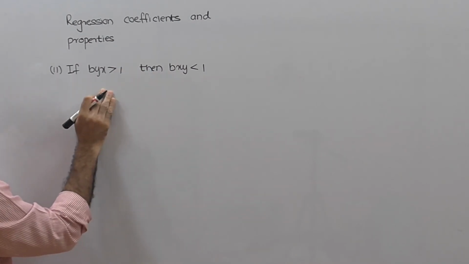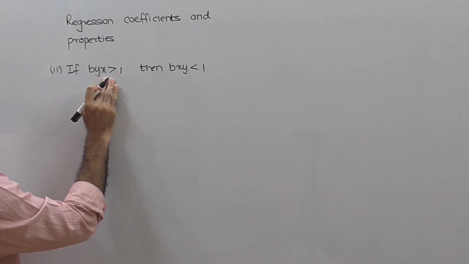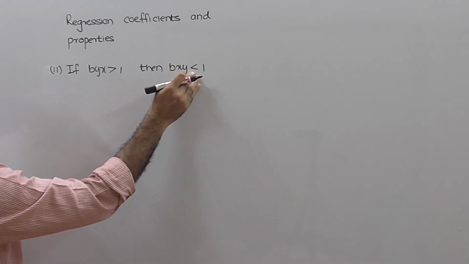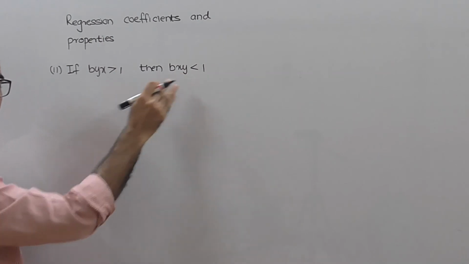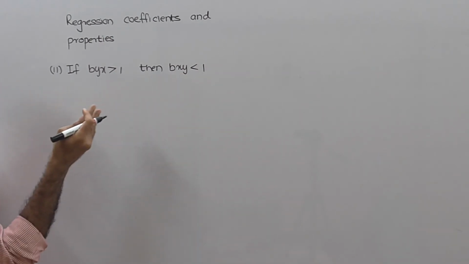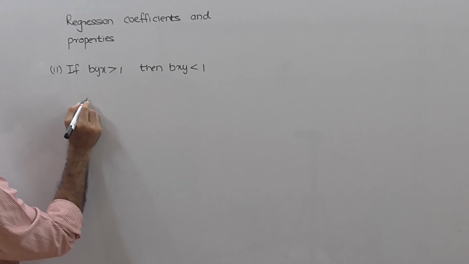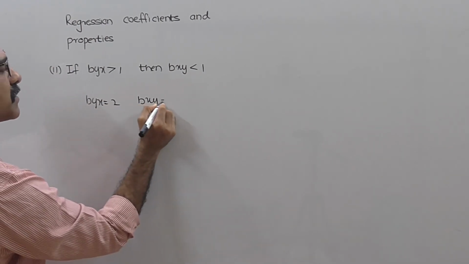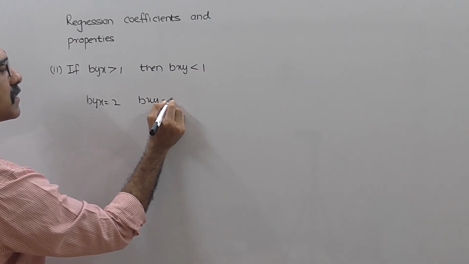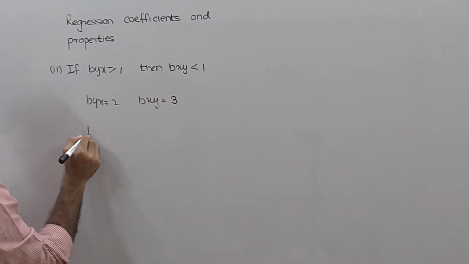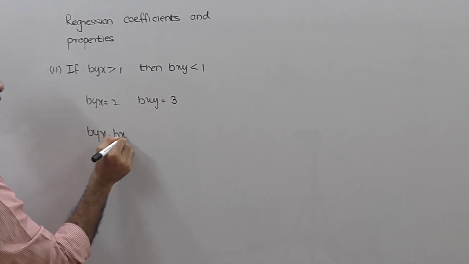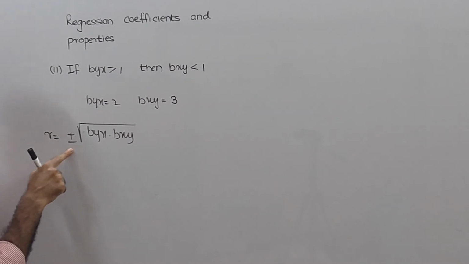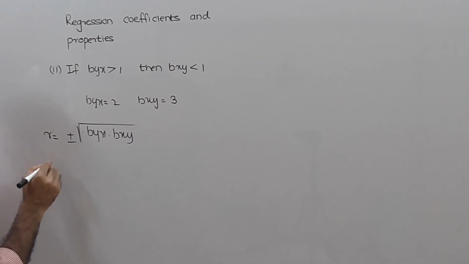Because if byx is more than 1 and bxy is also more than 1, then if you multiply, it will be more than 1. Let us assume that byx is 2 and bxy is, say, 3. If you multiply byx into bxy and take the square root with plus or minus sign, that is equal to r.